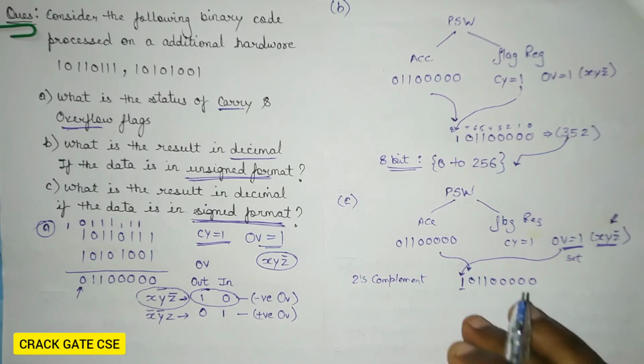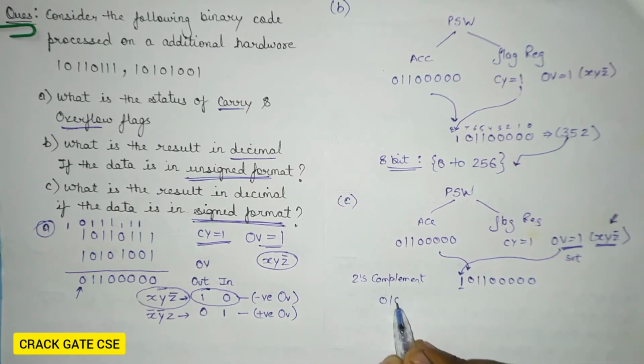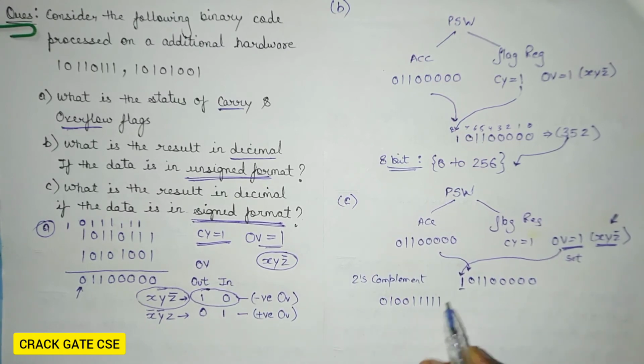Complement each of the bits. So it will be 0 1 0 0 1 1 1 1 1, right? So all these 5 ones are here, 2 ones are converted to 2 zeros, this 0 converted to 1, this one converted to 0. So this is the 1's complement. And if we add 1 to this particular value, we'll be getting the 2's complement, right?